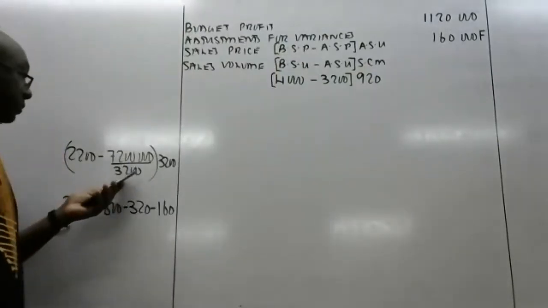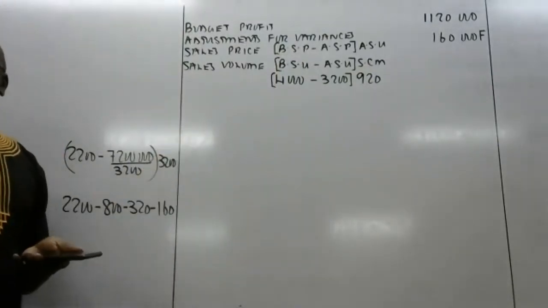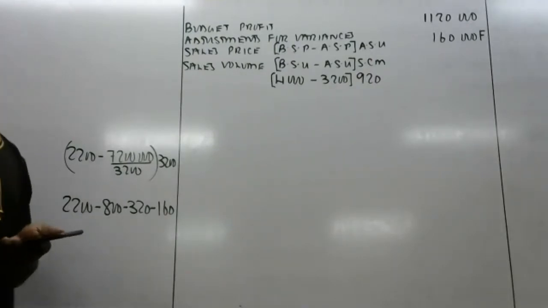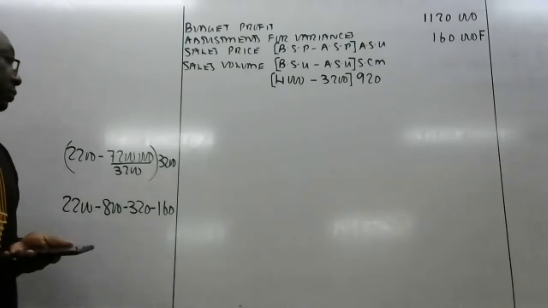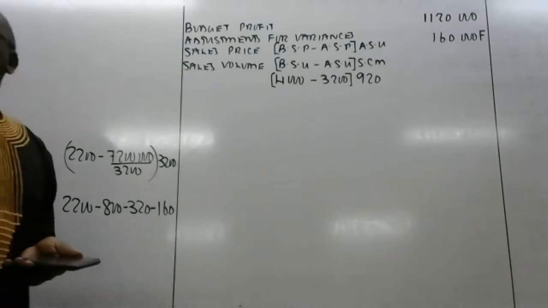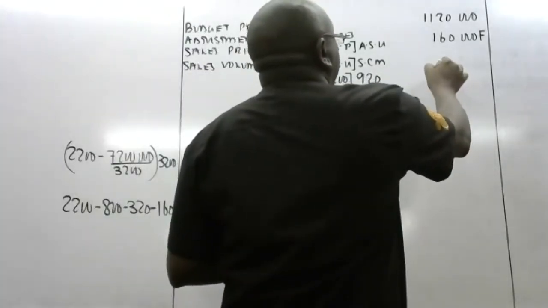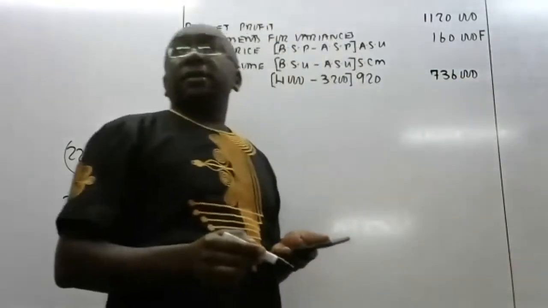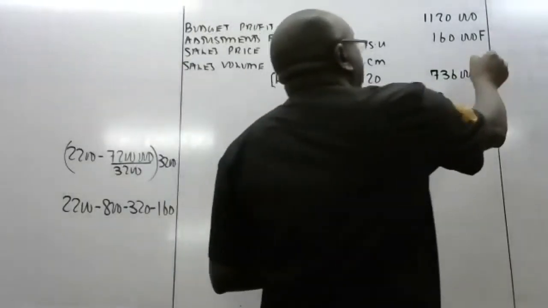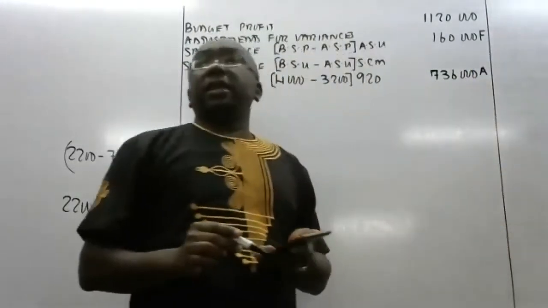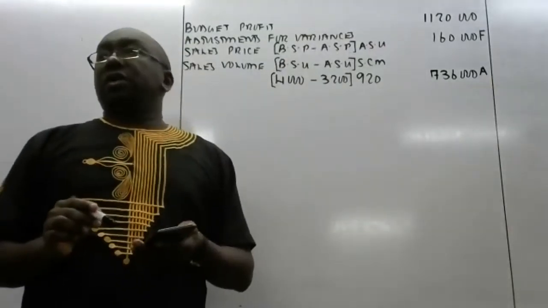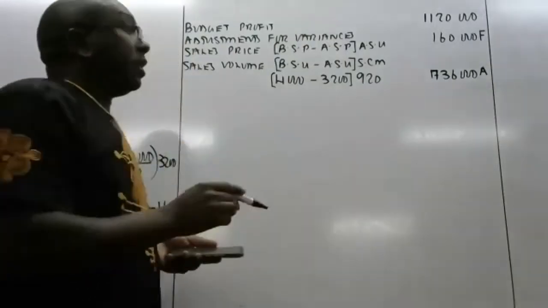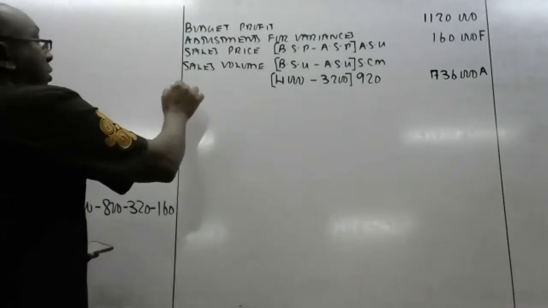Boro, have you confirmed this one? 736. Favorable or adverse? It is adverse, because we sold fewer units. We budgeted to sell 4,000 and we ended up selling fewer. So it's adverse.